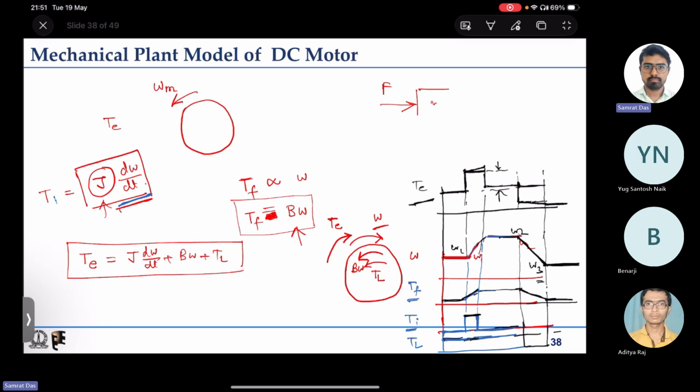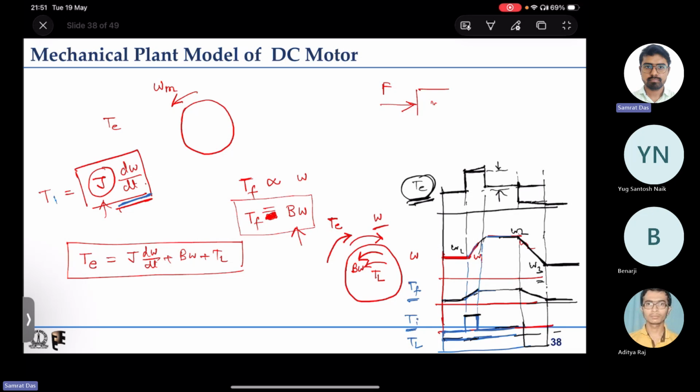When you brake the motor, and the load torque is very insignificant, and we decelerate the motor, the electromagnetic torque actually becomes negative. That means for that duration, power is not drawn from the electrical side to the mechanical side, but goes back from the mechanical side to the electrical side.